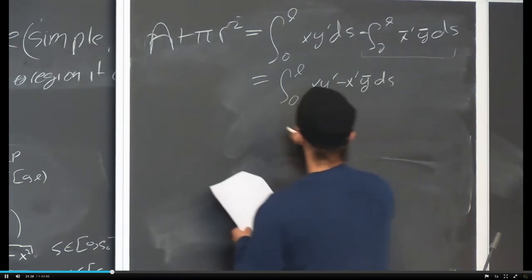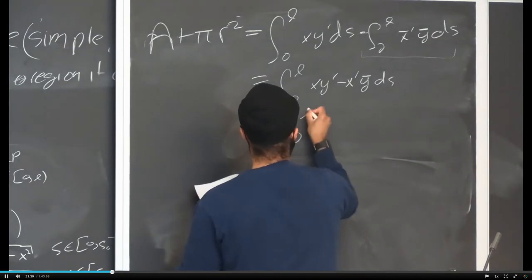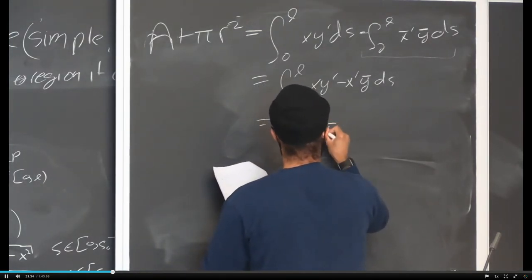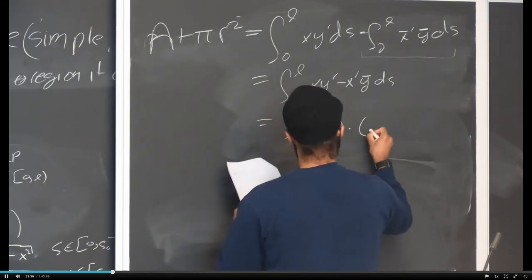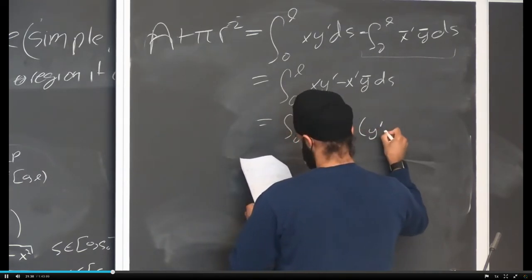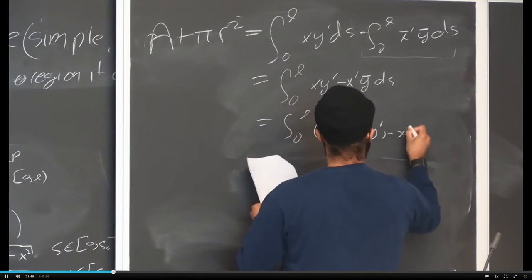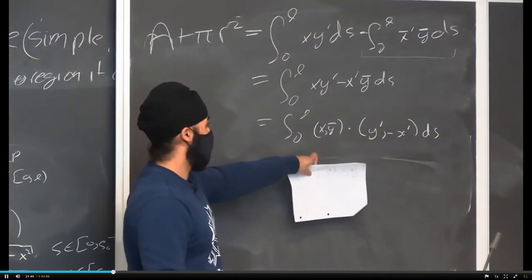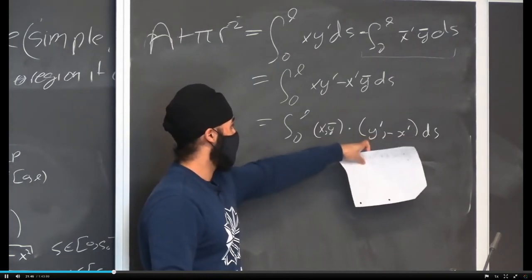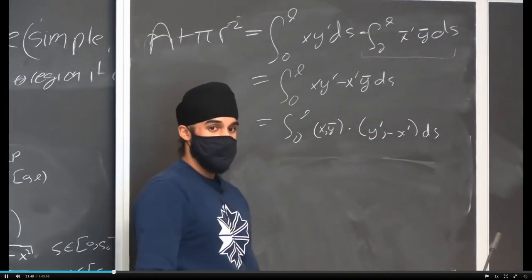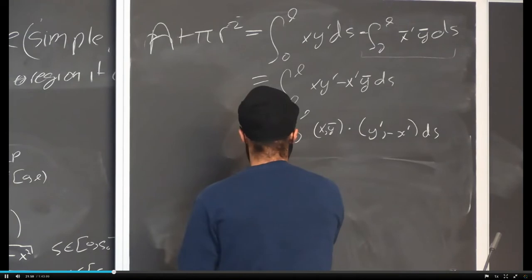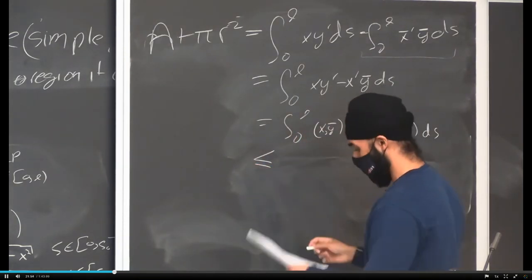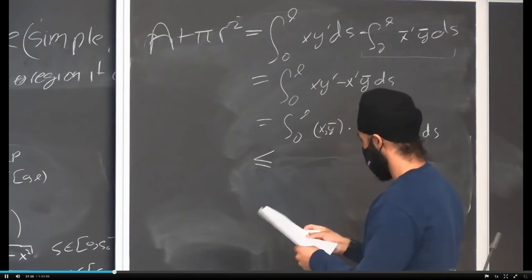So we have this, but we can interpret this as a dot product, x, y bar dotted with y prime, minus x prime, ds. So if you do the dot product, you get this. And now we're going to use the Cauchy-Schwarz inequality at this step. Nice thing is we get a possibility for equality. So that's what we're going to use when we're showing existence.